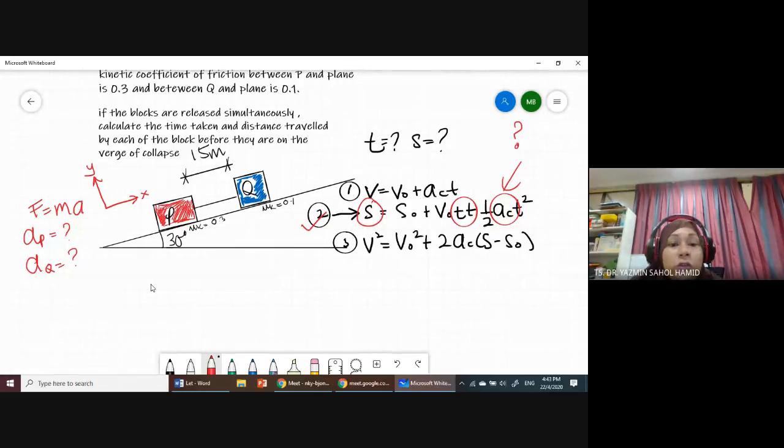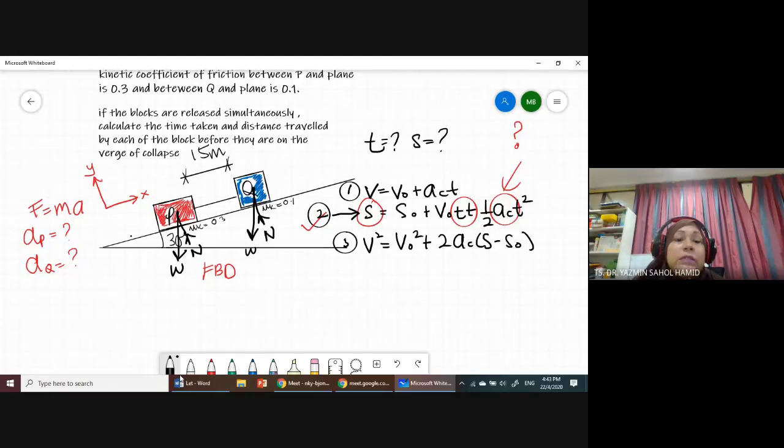Now, you need to draw first what? The free body diagram. Can you draw me the free body diagram? You have the weight going down. And then you have the normal force in the direction of Y. You also have the friction.